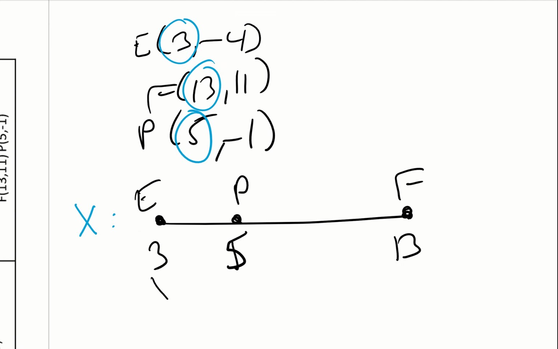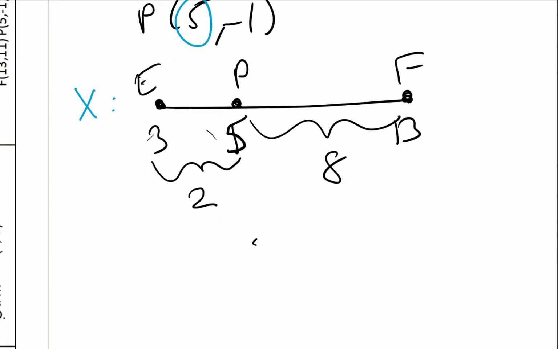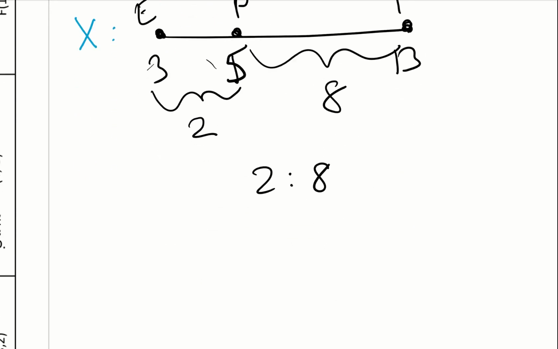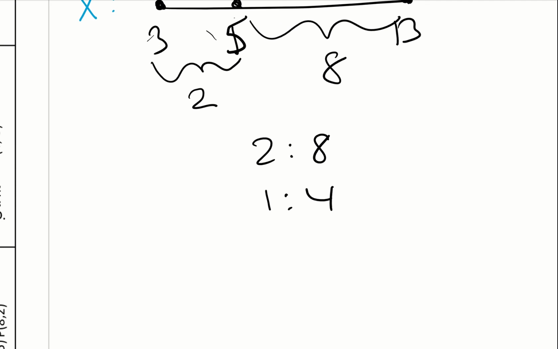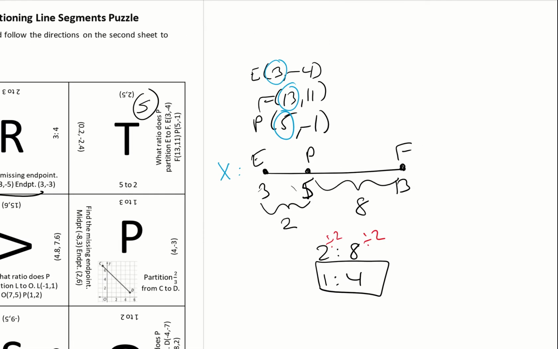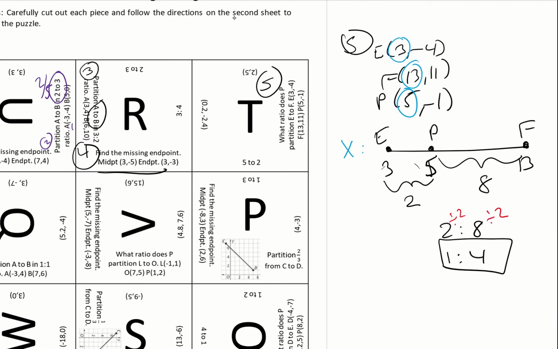So notice we can see that this is partitioned in such a way that this is 2 away and this is 8 away. 13 minus 5 is 8. 5 minus 3 is 2. So this is a 2 to 8 ratio, which means that it is a 1 to 4 ratio because we can divide both of these by 2. Okay, so my final answer is that it's a 1 to 4 ratio. Okay, that takes care of number 5.